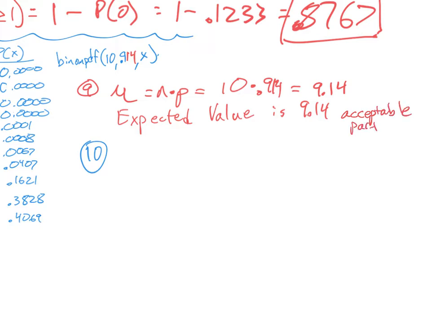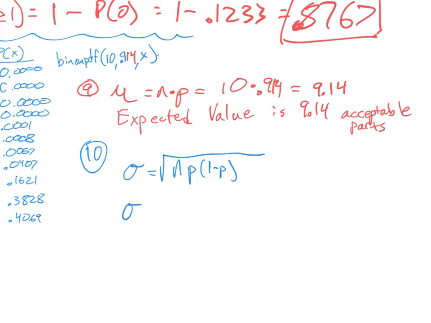So we should be a little more specific. Give some units basically. The standard deviation for a binomial distribution, which is on your formula sheet, is the square root of n times p times 1 minus p. Sorry, I got that backwards there.